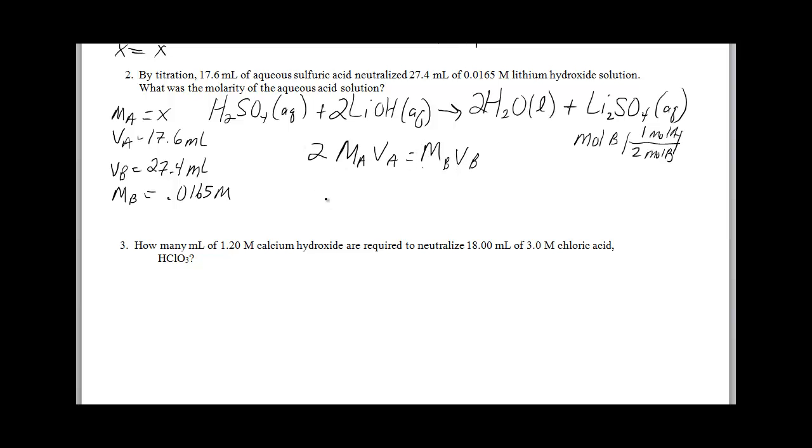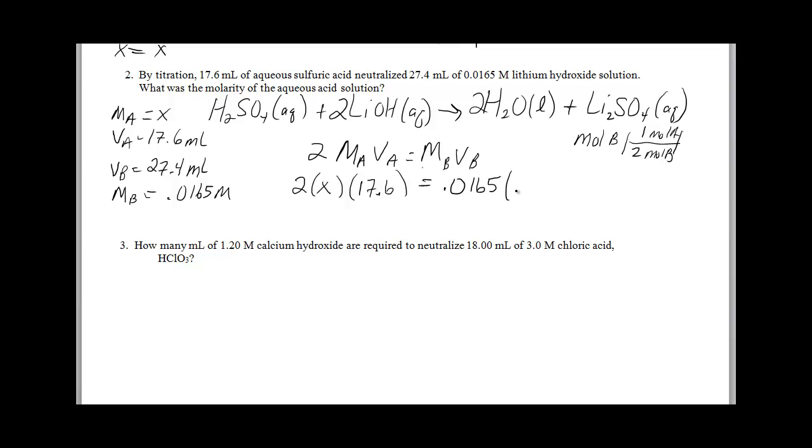Now I can just plug and chug. So 2 times the molarity of the acid, that's my unknown. Do I know the volume of my acid? Yes, 17.6. The molarity of the base was 0.0165.